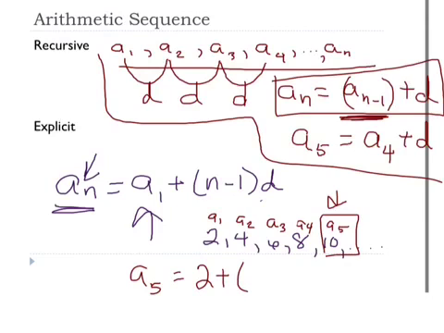We're going to add to that n minus 1. Well, what's n? n is 5. So 5 minus 1 is 4, times D. What is the common difference? The common difference is the value that we see here as we move up. We're moving up by a common difference of 2. So A sub 5 is going to be equal to 2 plus 4 times 2, which is 8, which gives me 10.